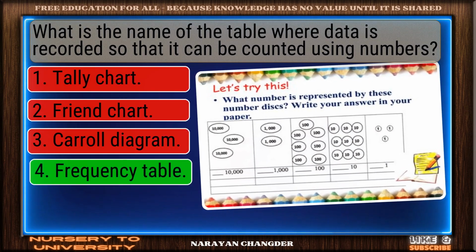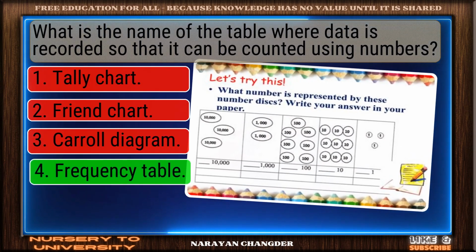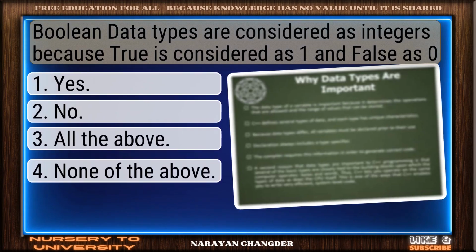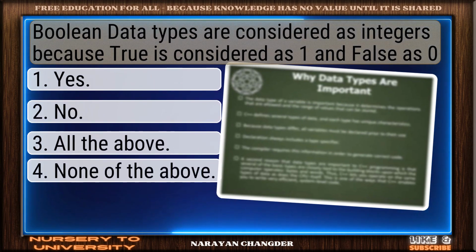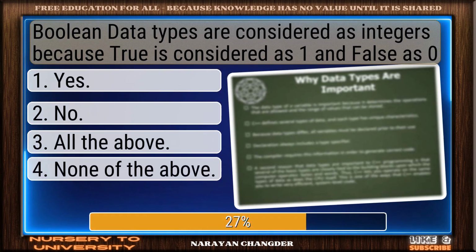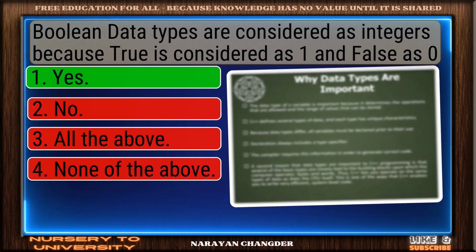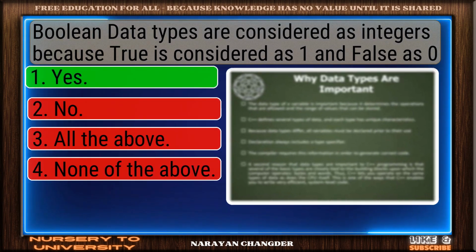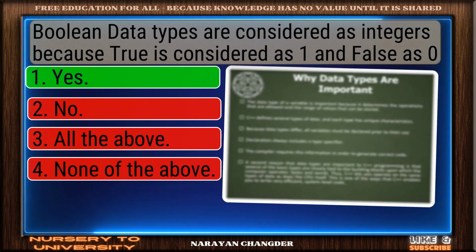Exactly. Frequency table makes sense and it is right choice. Question number 15. Boolean data types are considered as integers because true is considered as 1 and false as 0. Correct response. Yes is the most accurate answer.